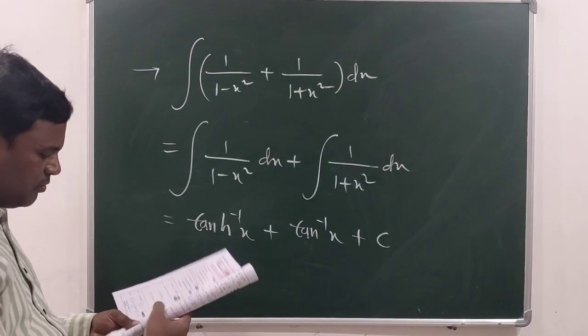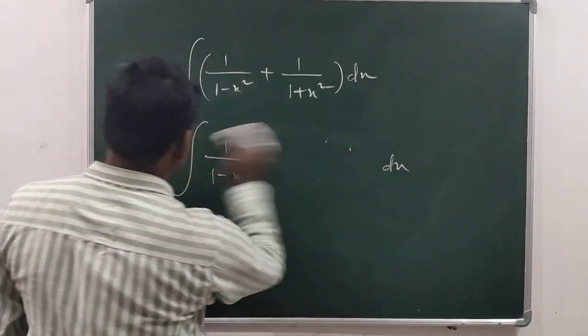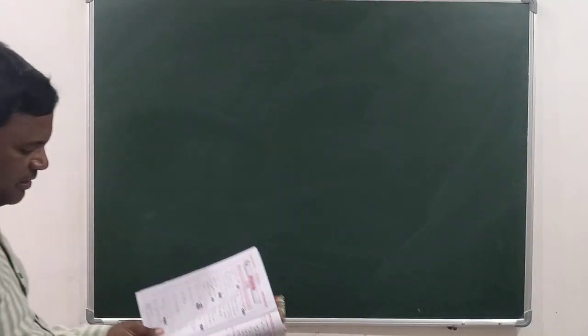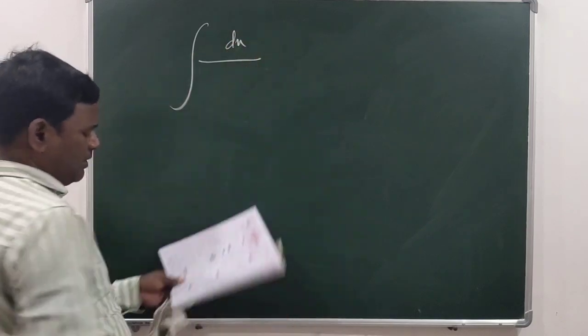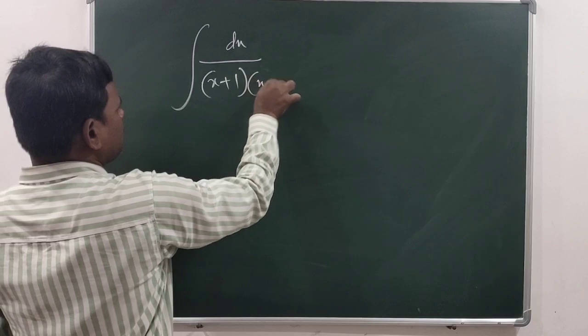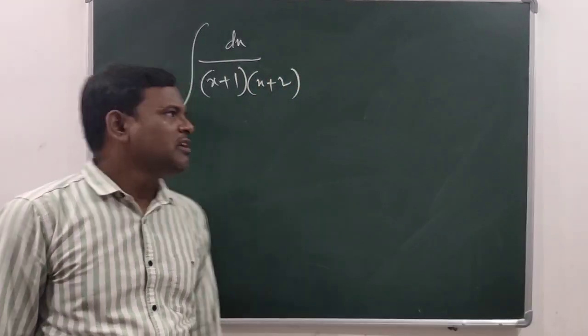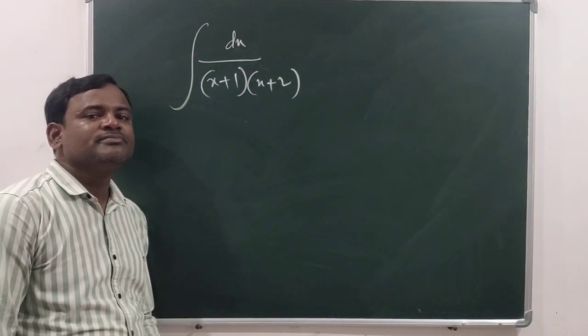Right. Now let us go to one more application. See here, integral of dx by x plus 1 into x plus 2. Students, see here how the denominator looks like.